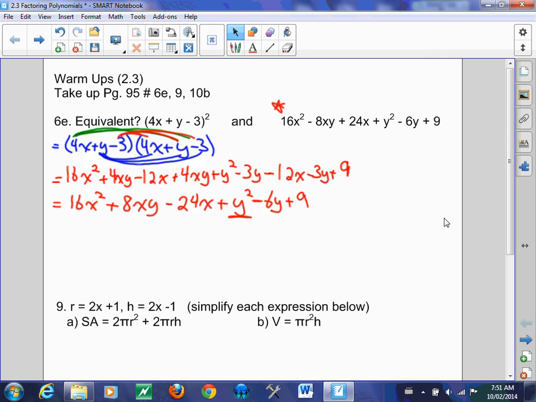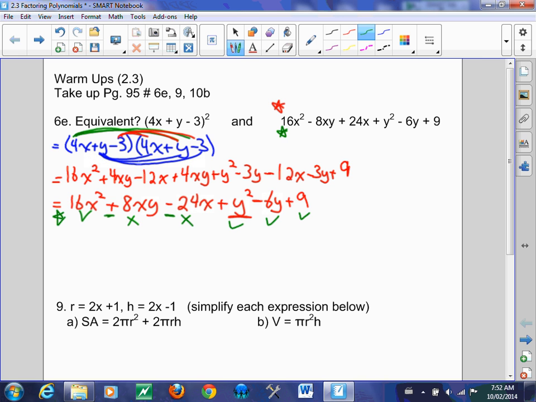So comparing my solution in the first one with the answer given in the second, I'm just going to check off my terms. Hey, the first term matches. The second term, however, look at the signs. It does not match. The third term also, the sign does not match. The fourth is okay, the fifth and the sixth. So even though this looks exactly the same except for two signs being switched, we're going to say that no, these are not equivalent.